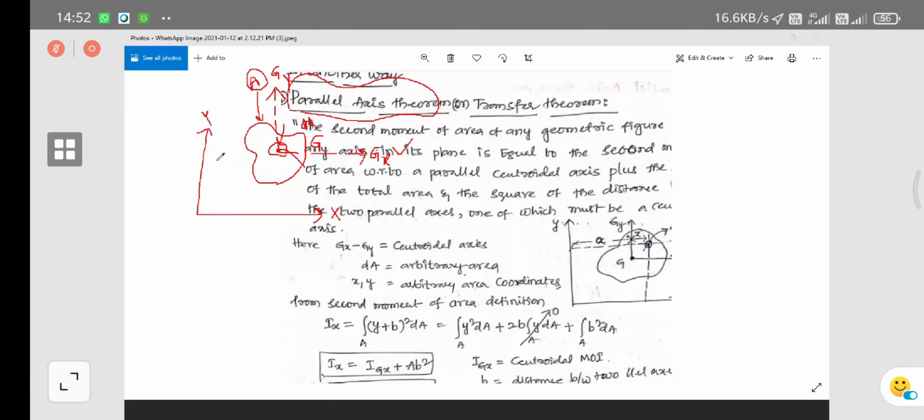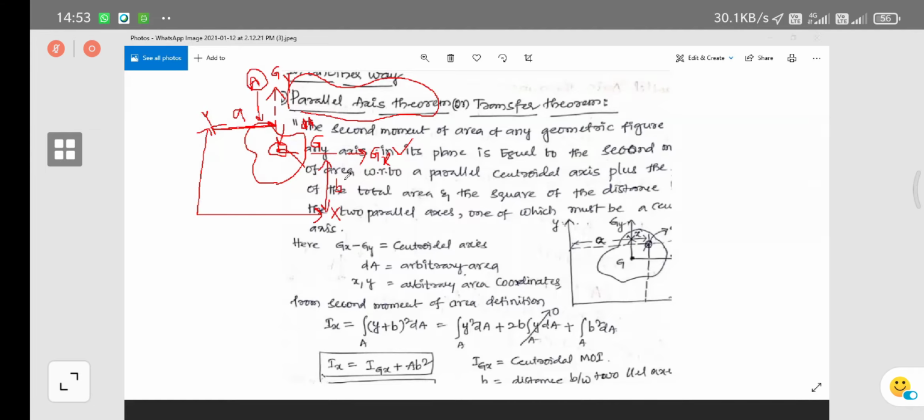For that purpose, what I am trying to do is, from here to here, how much distance we have assumed for this central axis. It has x as the coordinate, and from here to here it is a quantity a, and from x to Gx it is b, a constant value.